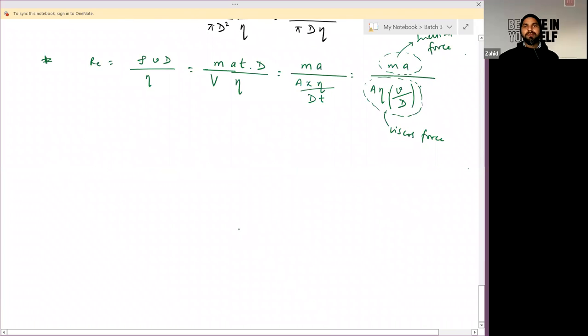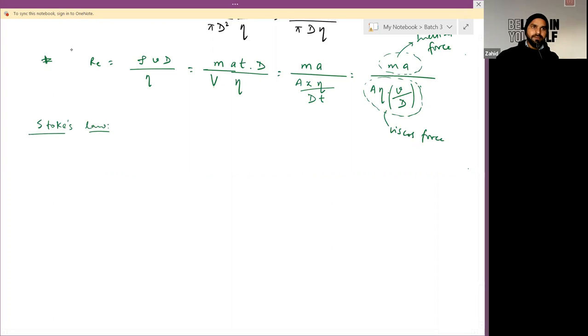Next term is, in the law of viscosity, we have defined the amount of viscous force or opposition force caused in between layers of liquid. But now suppose a body is projected in a viscous medium, so how much amount of viscous force will be experienced by it? So it is defined by another term that is called Stokes' law.